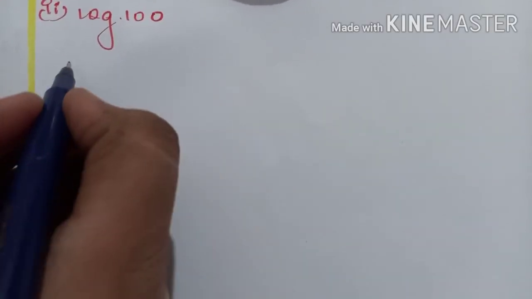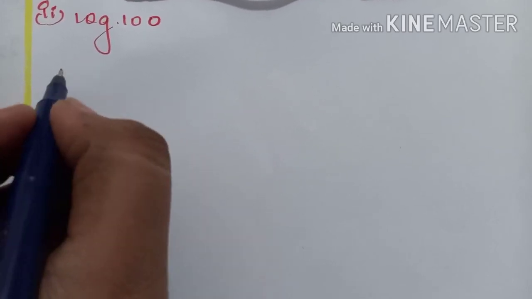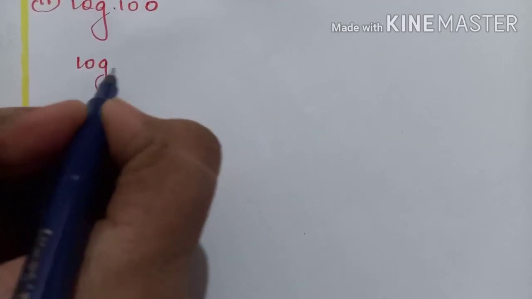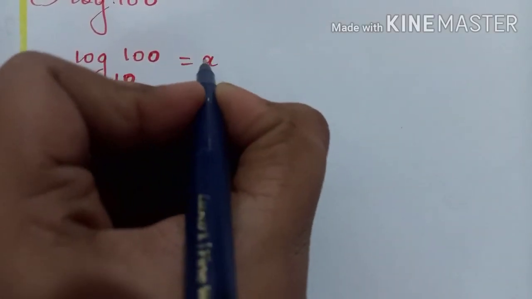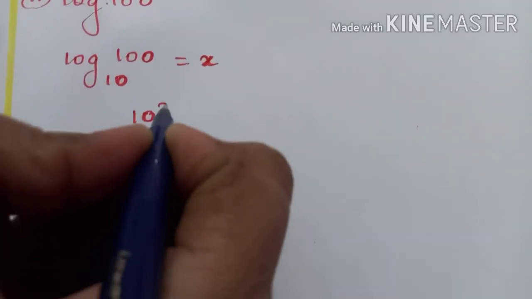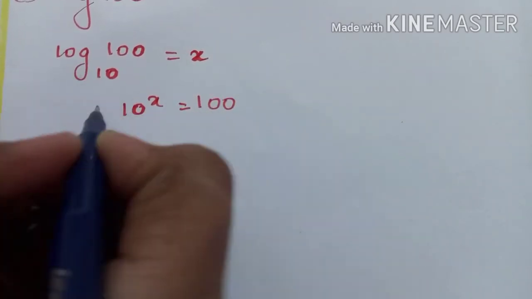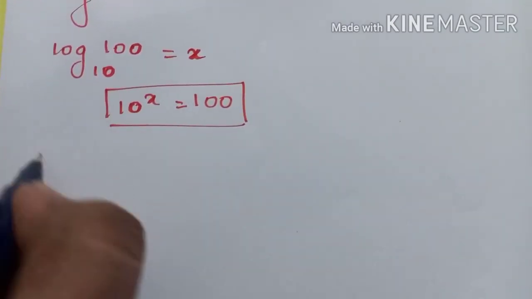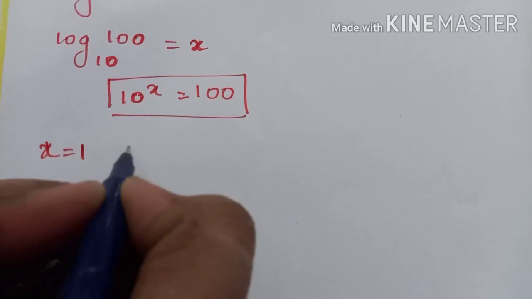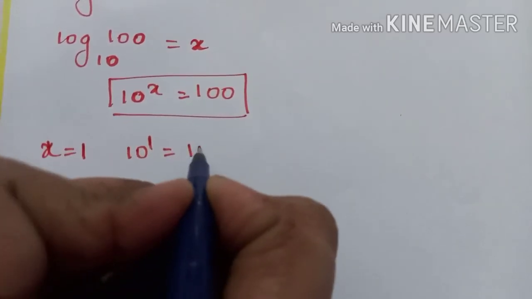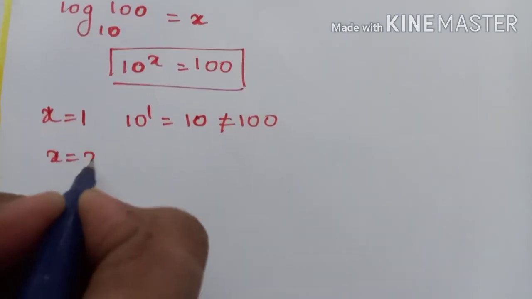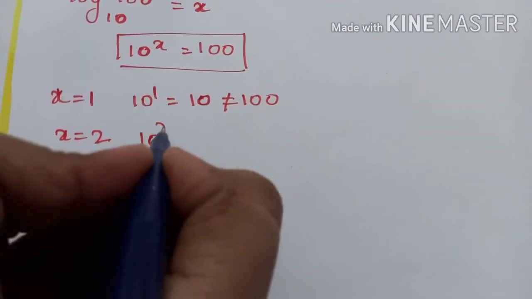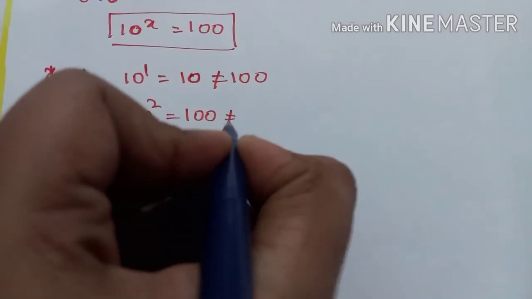Log 100. Proving whether it is rational or irrational. First, as usual, consider log 100 to the base 10 as x. Now here it becomes 10^x = 100. If x is 1, 10 power 1 is 10, which is not equal to 100. Now considering x equals 2, 10 power 2 is 100, which equals 100.